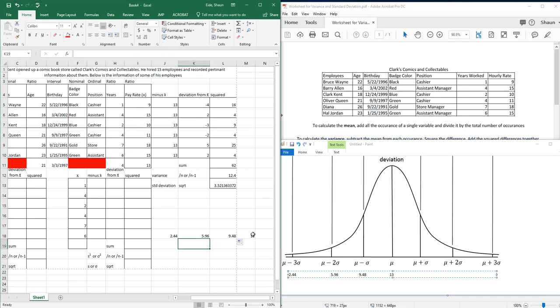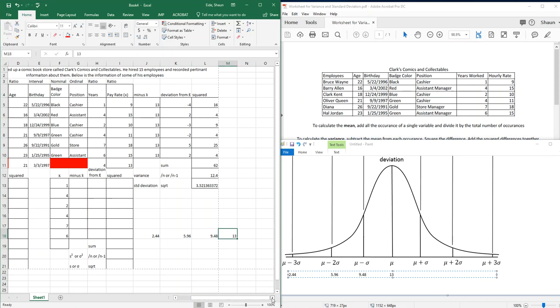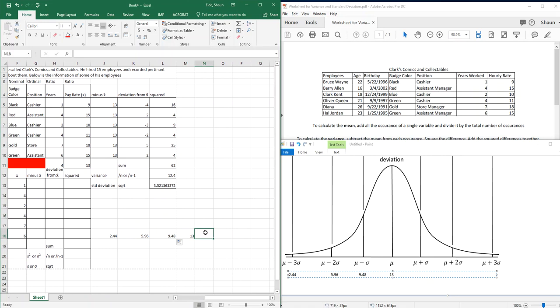Okay, then we need to look at the standard deviations above the mean. So equals the mean plus the standard deviation, 3.52. So 16.52 is 1 standard deviation above, 20.04 is 2, and 23.56 is 3.